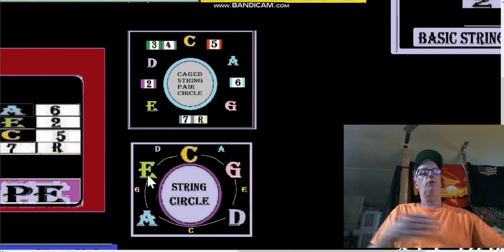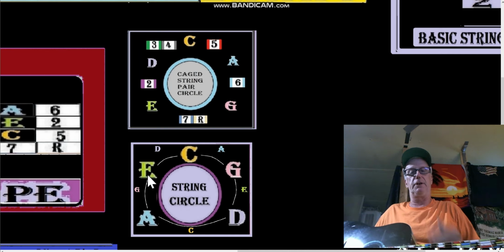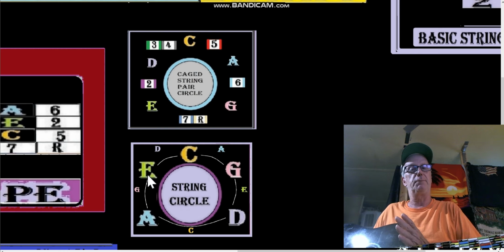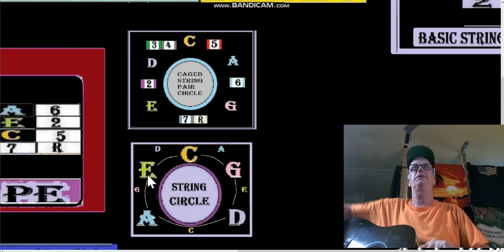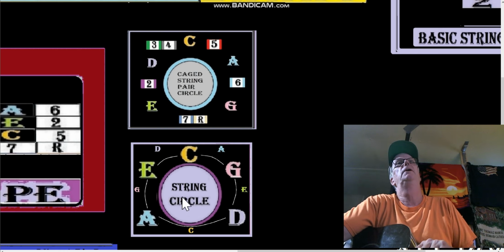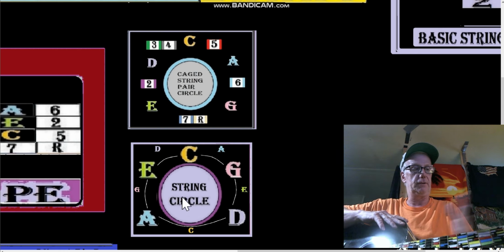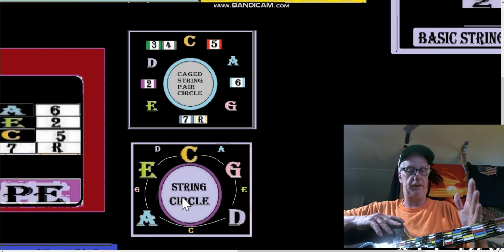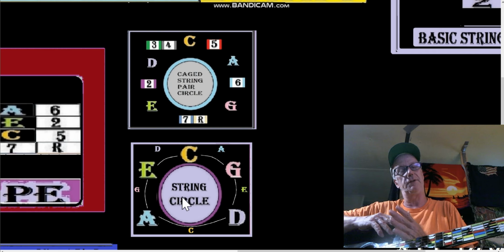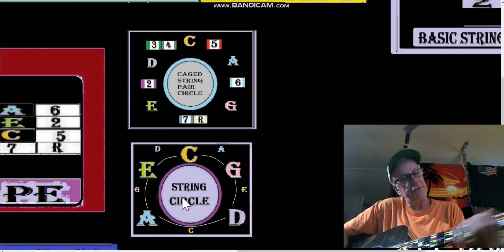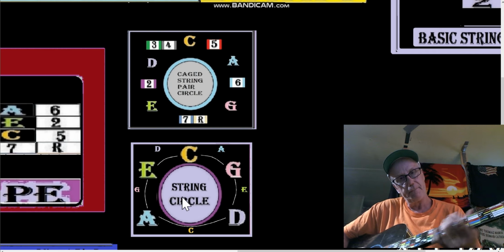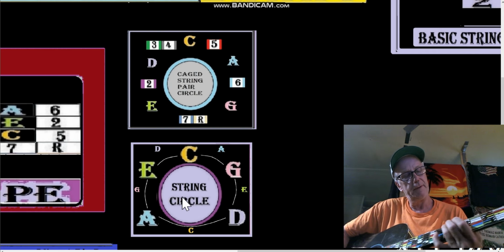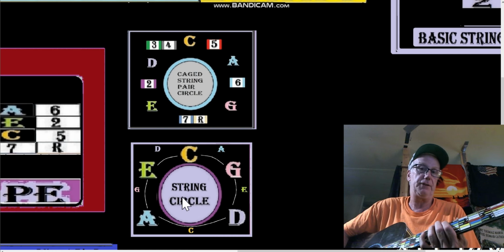Now, fourths or fifths just means you're either going this way or this way. In string shapes, this is the string shape circle. Going towards the lower notes is fourths, and going up is in string shape fifths. So the string shape C, going up the fifth is C, okay, then CAGED should take you to the A shape.